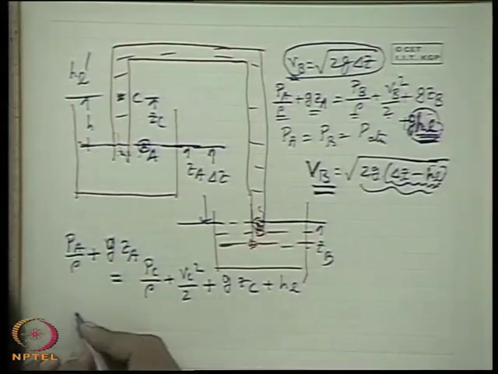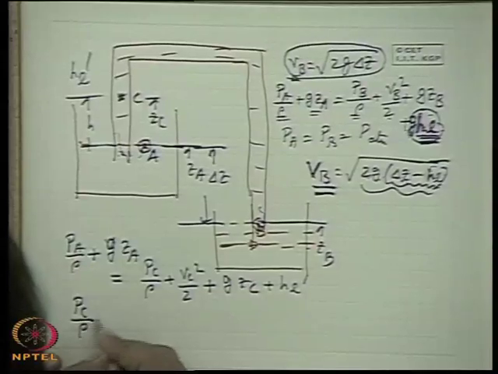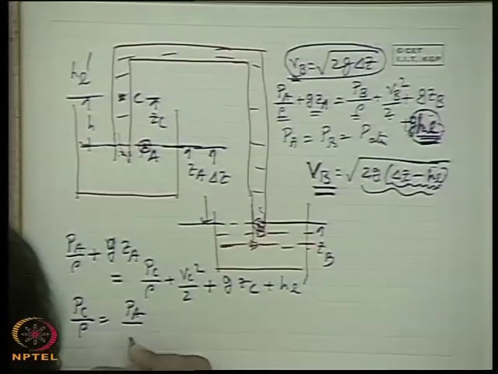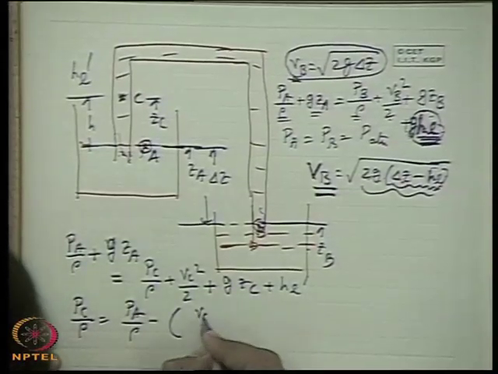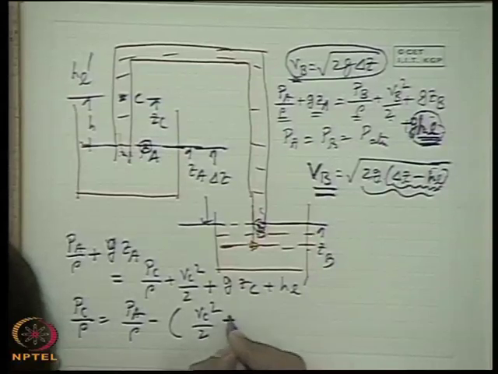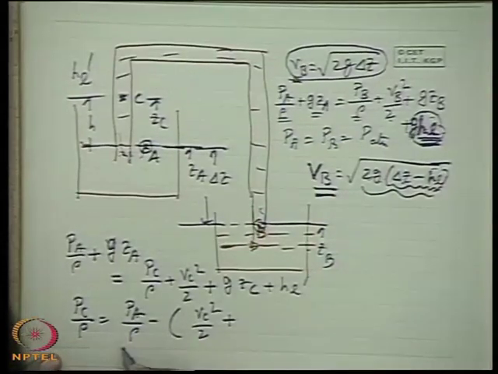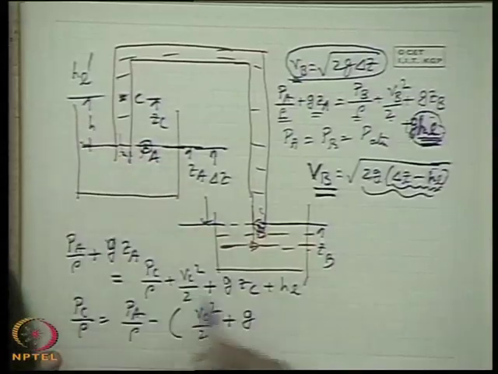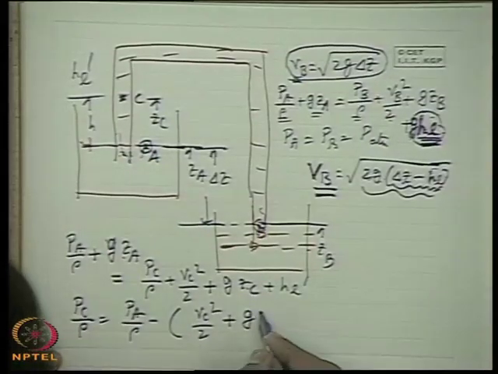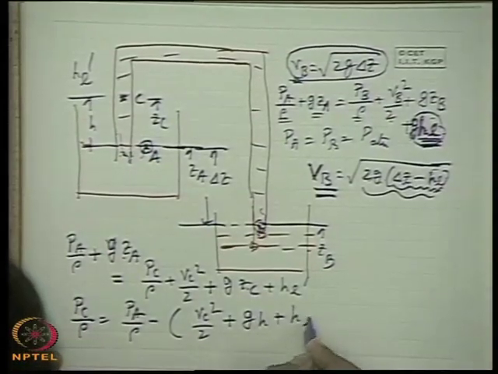That means now I see that PC by rho has to be less than PA by rho by which amount? VC square by 2 plus G into H, because ZC minus ZA is H, plus HL.